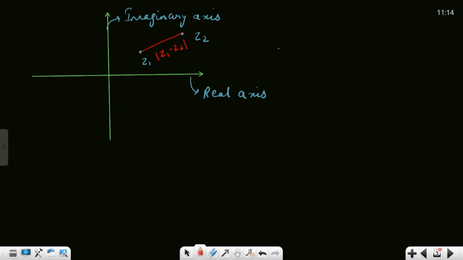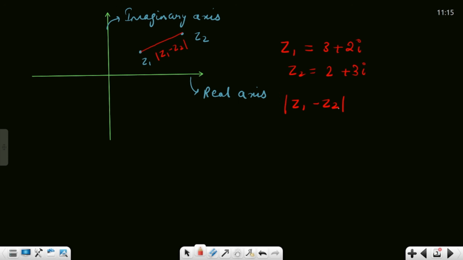For example, to find the distance between z1 equals 3 plus 2 iota and z2 equals 2 plus 3 iota, how will we find it? Just z1 minus z2 and then take the modulus.